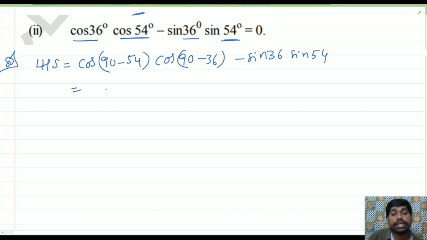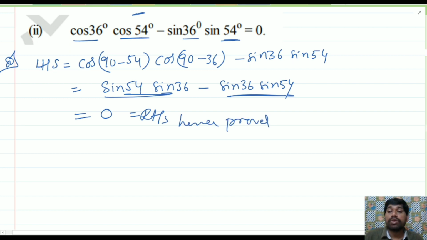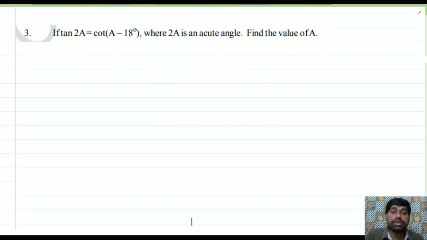Cos 90 minus theta is sine theta, so sine 54 sine 36 minus sine 36 sine 54. Here the total function is the same, so the difference of two same numbers becomes 0. So it equals the RHS. Hence proved.